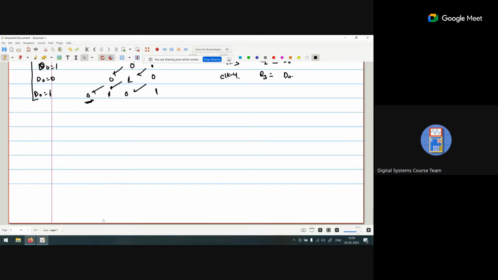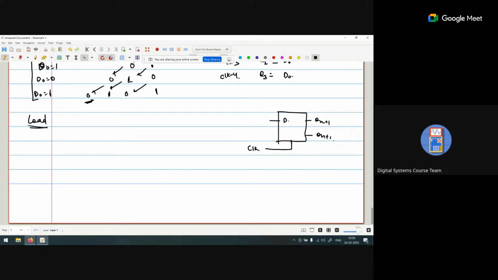Now, if we are taking one control signal, that is load. So we are using a D flip flop here, and that is the clock.